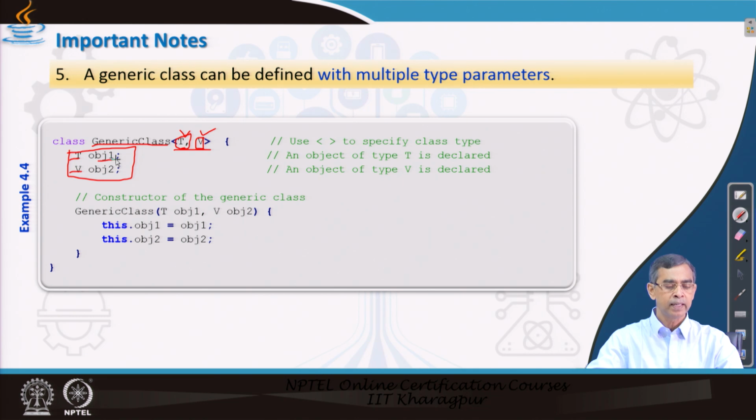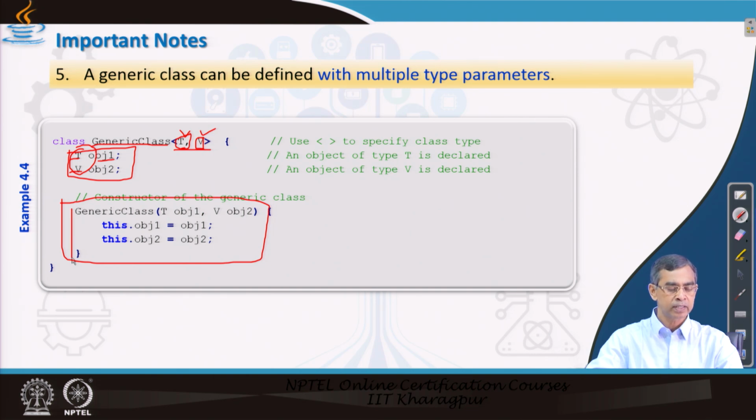So, object 1, it can be a single value or it can be an array of elements, no issue. This is also either single or any arrays it can be. And then one constructor needs to be declared which initializes the elements for this class.